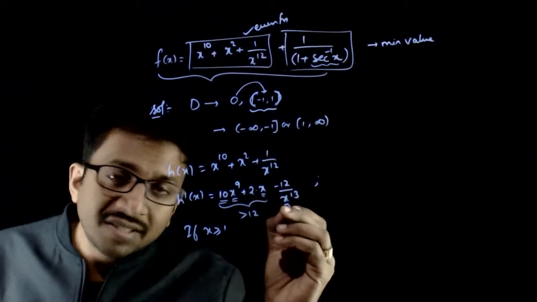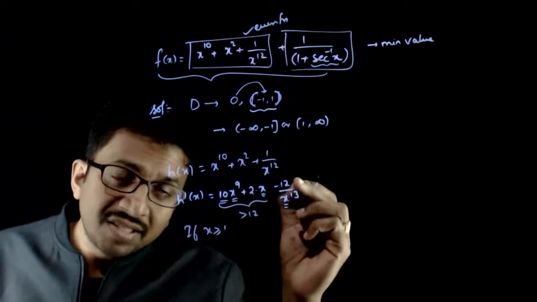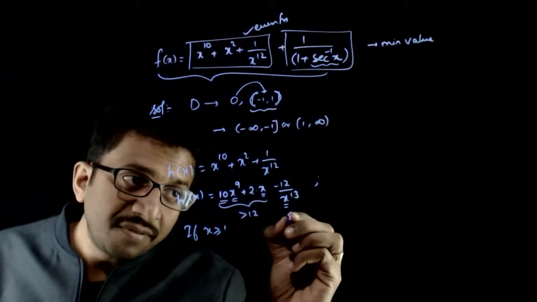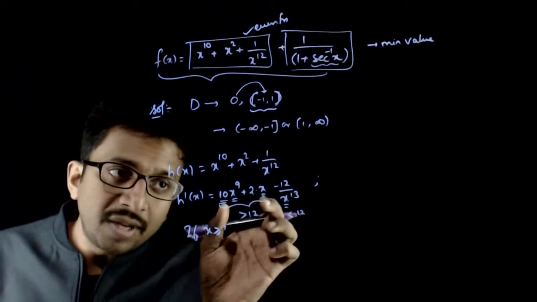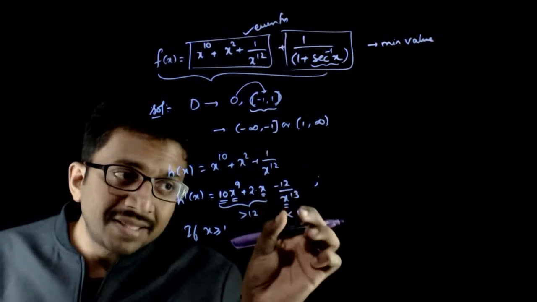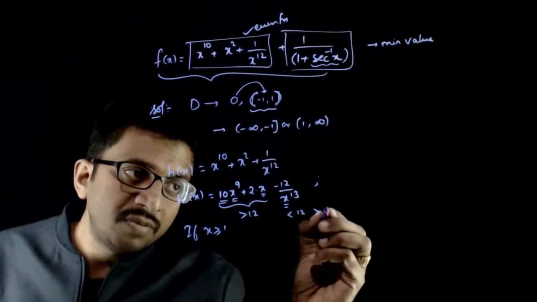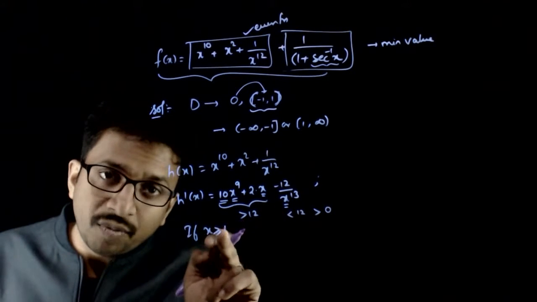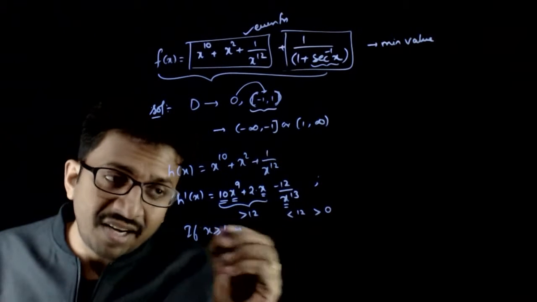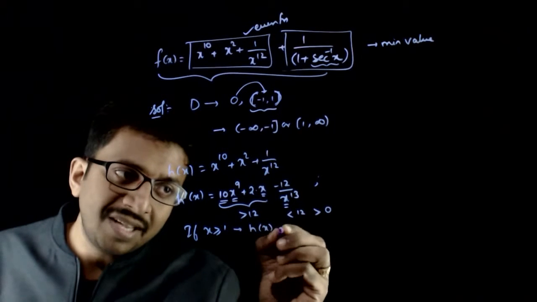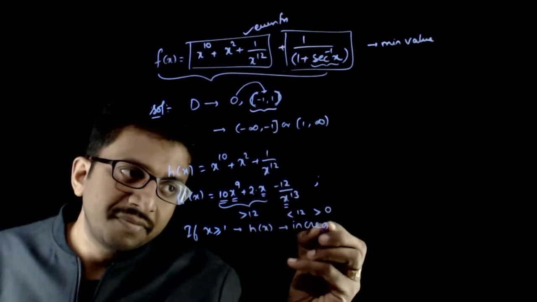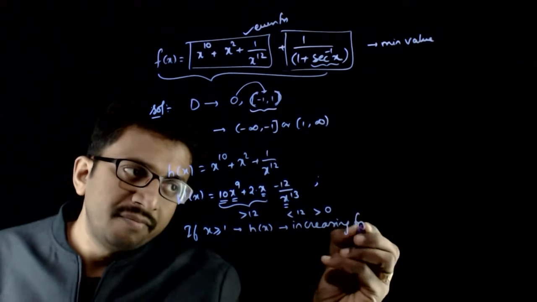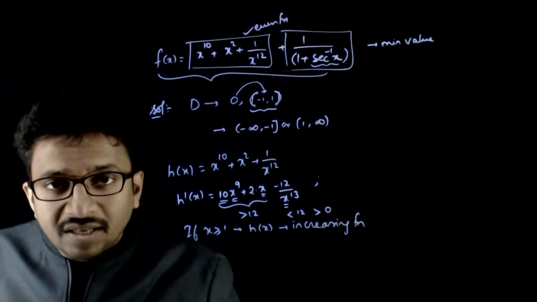And if the denominator is 1 or greater than 1, this number will be less than 12. So a number greater than 12 minus a number less than 12 will always be positive. That means h dash of x is always greater than 0 when x is greater than or equal to 1. This implies h of x is an increasing function.